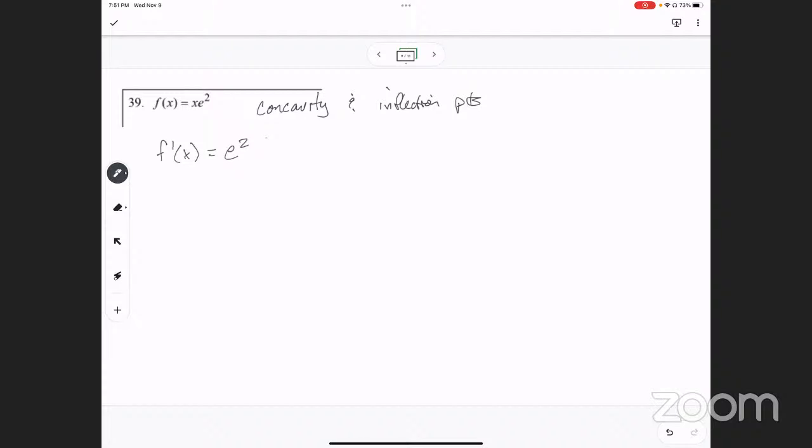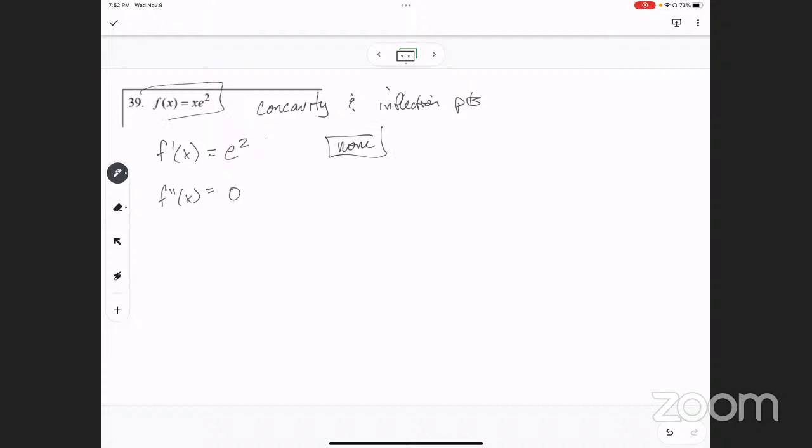Think of that as like 6 or something. What's the derivative of 6x? Just 6. So the double derivative is just 0. So there is no concavity and no inflection points.